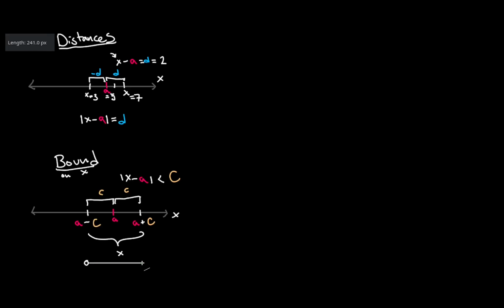It's an open circle, and then a line, and then an open circle here, because it's a less than. So x is bounded to this region. That's why I called it a bound. So x has to be within this region for this inequality to be true. Okay, so now that we have the understanding of distances and bounds, let's look at a graph.